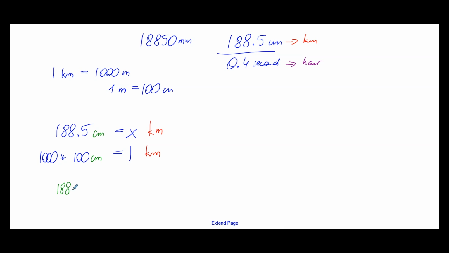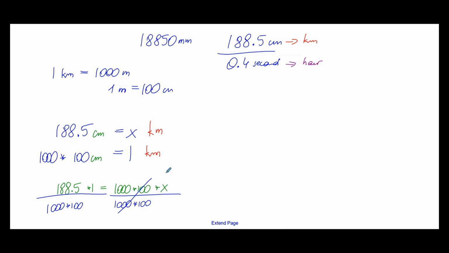So 188.5 multiplied by 1, which is just 1, and then x multiplied by our number here. Of course, we want the value of x, not x multiplied by a number, so we divide both sides of the equation. I know that conversion can be figured out in a lot of ways, and whatever way works for you is good.